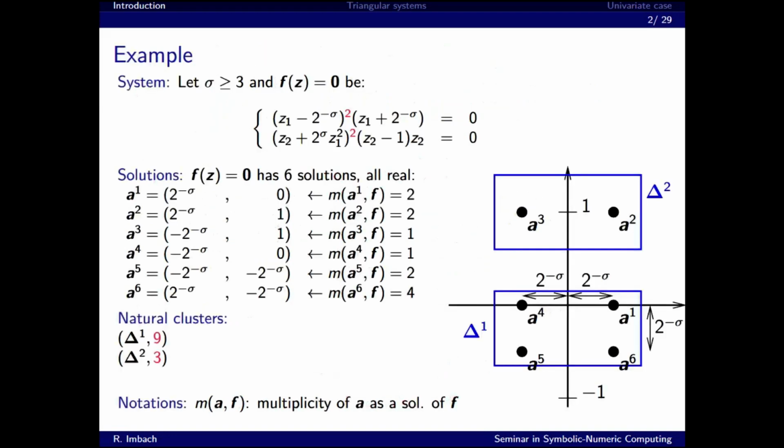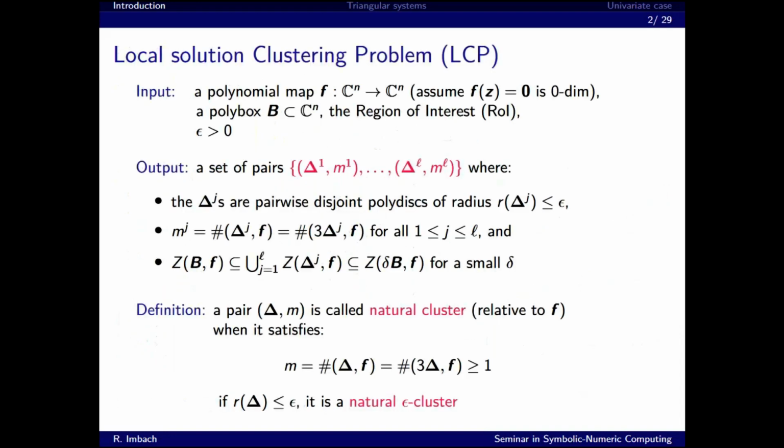So in my example, those two pairs are natural clusters. And the deltas, they don't have to contain B, correct? The deltas they don't have to.